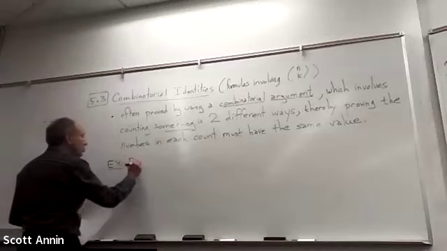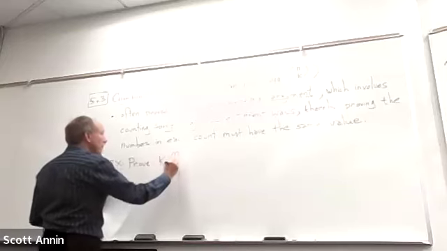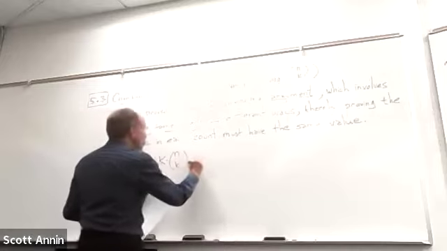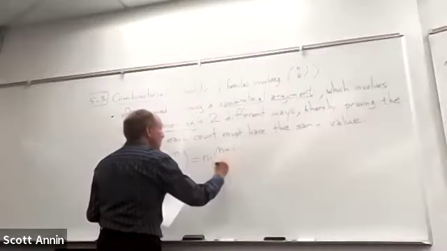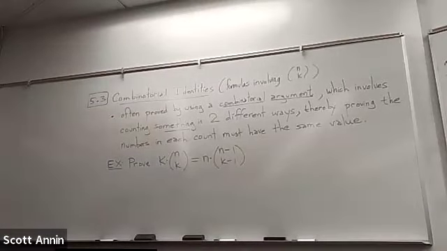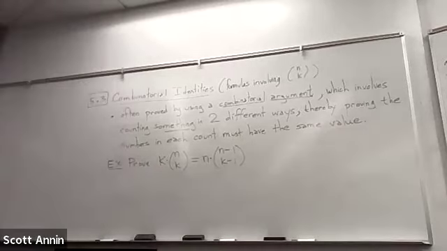Let's suppose that I asked you to prove that k times n choose k is equal to n times n minus 1 choose k minus 1. This would be an example. Now, this one could just be done with the factorial definition of n choose k.